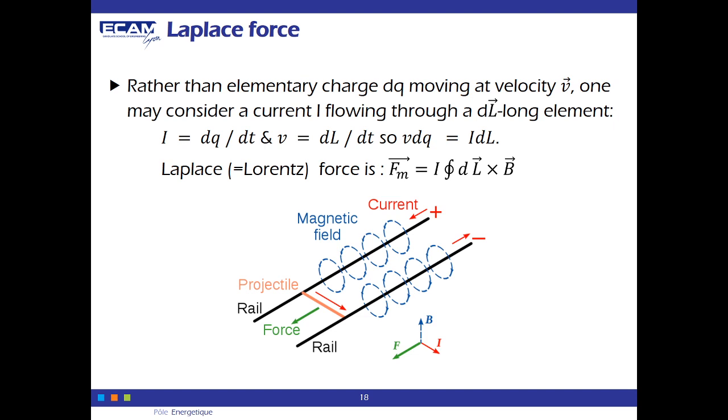For instance, here, in the upper rail, the red one is the current direction. The magnetic field is upward, so the force will be directed towards the screen. Voila.